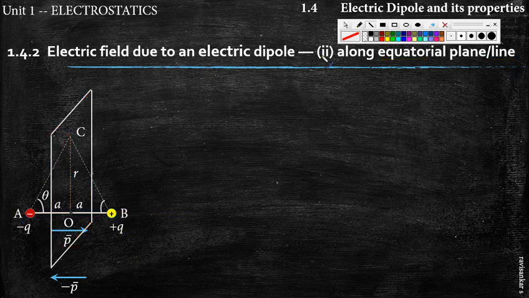This diagram includes a few more things apart from what we have earlier seen. The triangle has been shown here with an angle theta from A as well as B, and the distance of the point in question from the center is R. Also we have marked this vector here, which is the negative of the dipole moment vector.